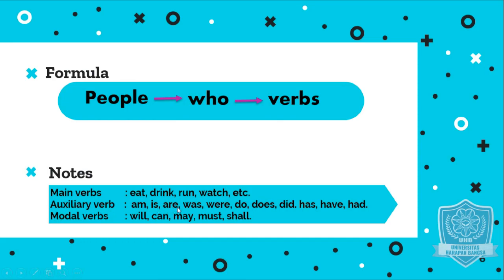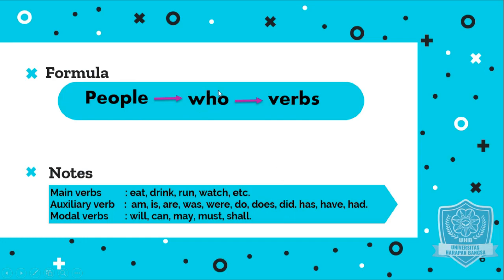In past tense, there are was and were. And do, does in present, did in past tense, has, have, had in perfect tense. Meanwhile, for modal verbs, we know modals like will, can, may, must, and shall.